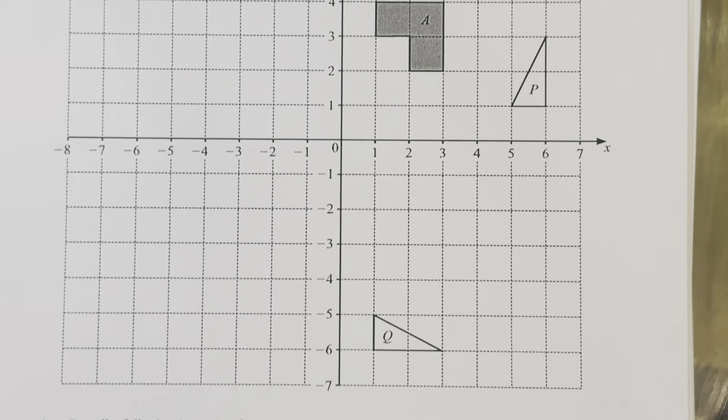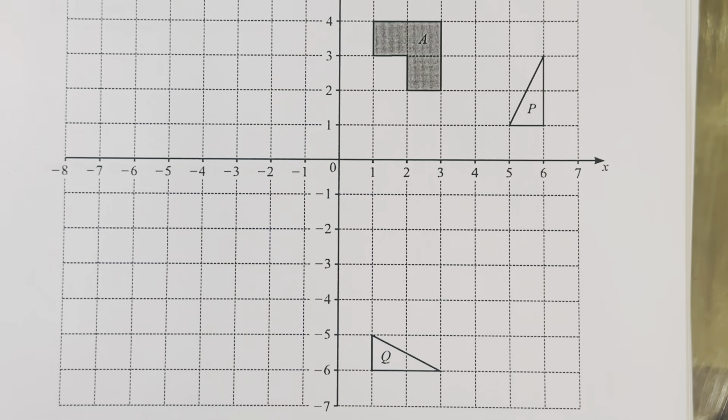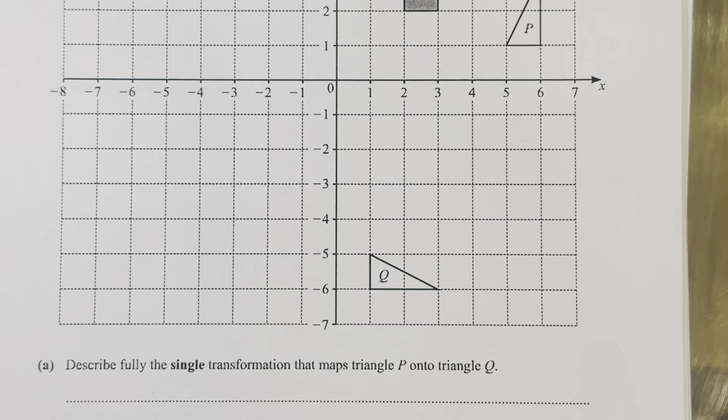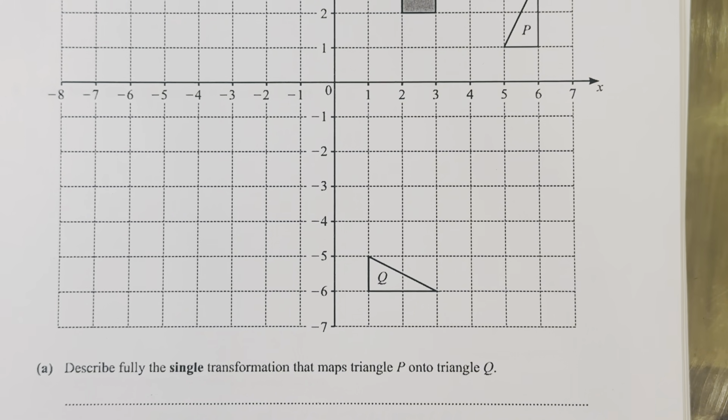You can see that this shape is rotated by 90 degrees in a clockwise motion. So we're gonna describe fully the single transformation that maps triangle P onto triangle Q.